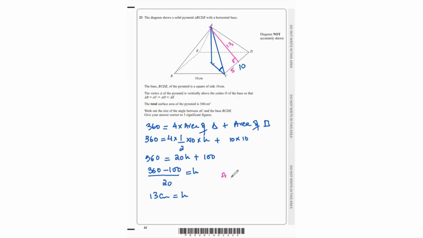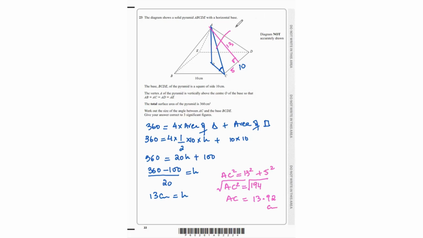So AC squared equals to 13 squared plus 5 squared. AC is your hypotenuse. So 169 plus 25, that's 194. Square root both sides, and AC is going to be 13.92 centimeters.